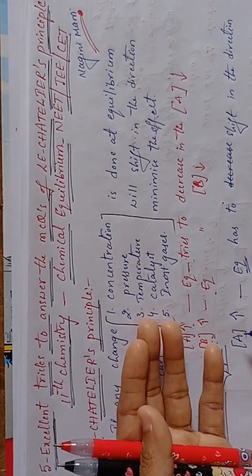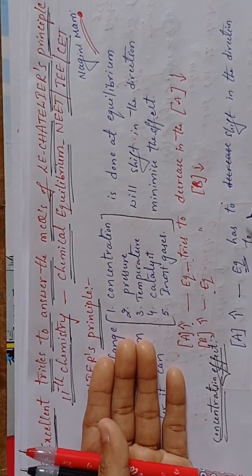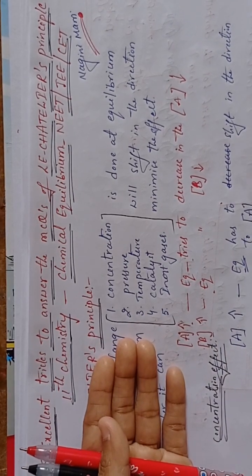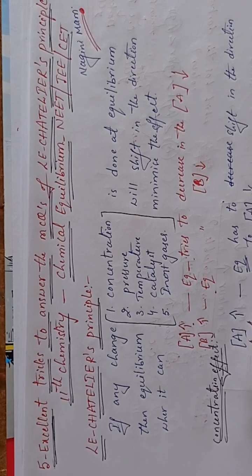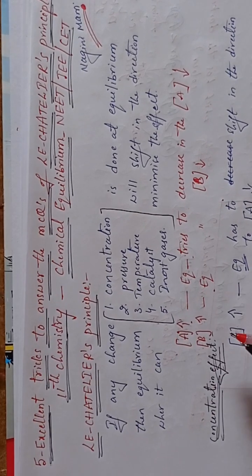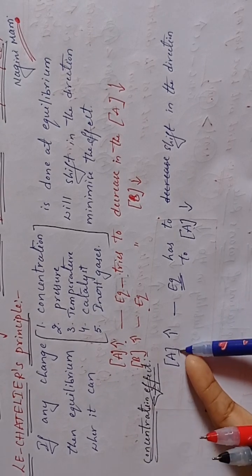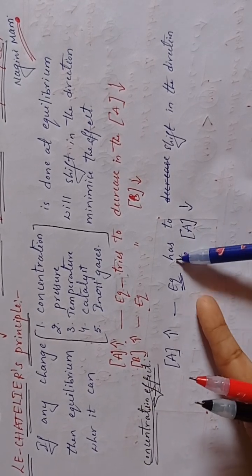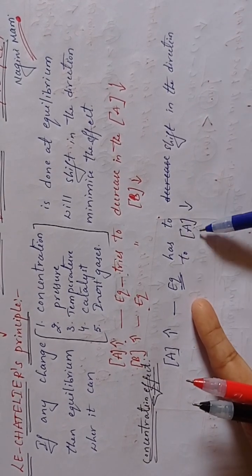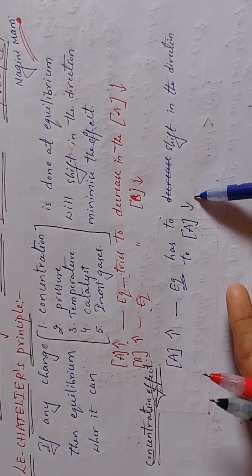The equilibrium has to shift in the direction to decrease the concentration of the reactant A. Clear? Understanding, students? See here. Whenever the concentration of the reactant A increases, the equilibrium has to shift in the direction to decrease the concentration of the reactant A.